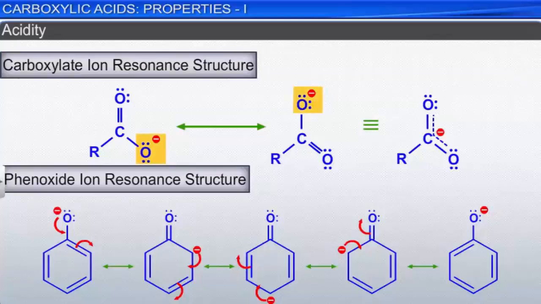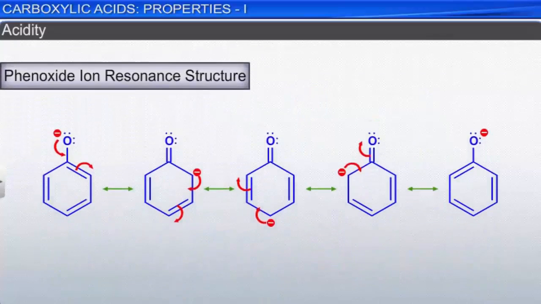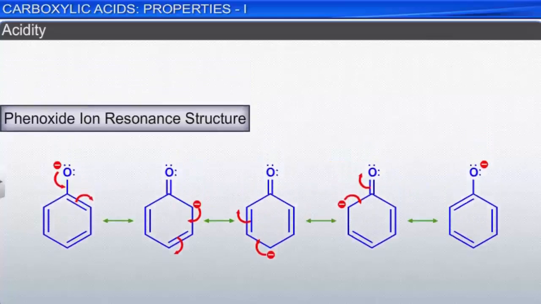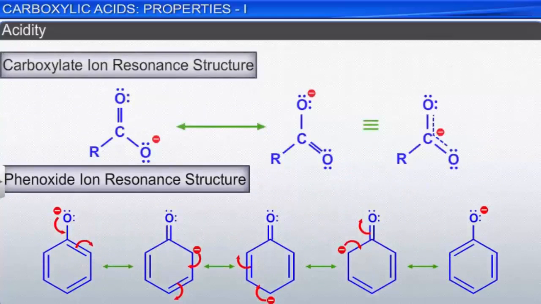The phenoxide ion, on the other hand, has non-equivalent resonance structures in which the negative charge is on the less electronegative carbon atom. Hence, resonance is more important in the carboxylate ion than in the phenoxide ion.